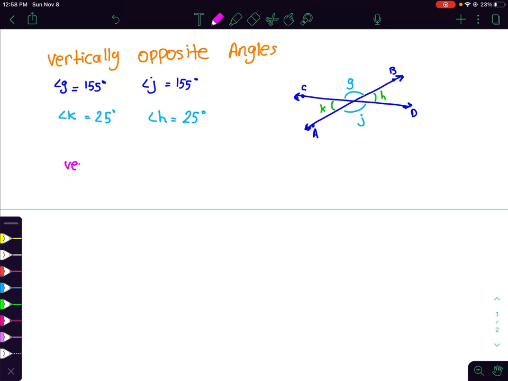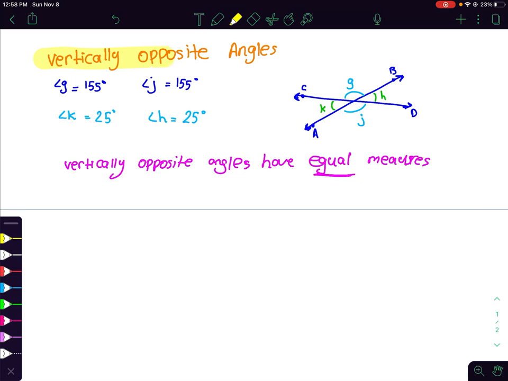So the rule is vertically opposite angles have equal measures. Try it at home. Measure it and see. They are equal. G and J, K and H. So that was another point that we needed to learn.